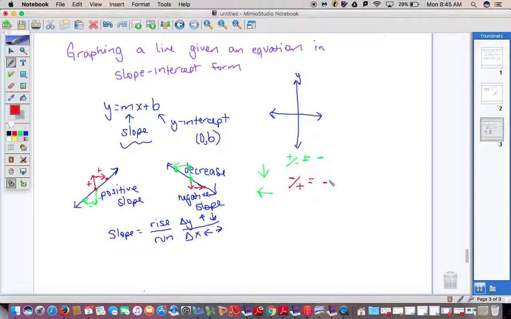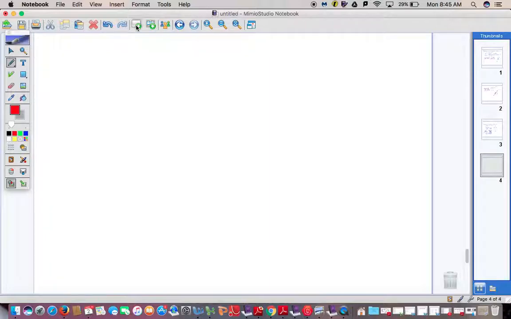So you start by plotting your y-intercept. Let's say we were given the equation y equals 2/3 x minus 4. Our y-intercept is at (0, -4), because we have this negative sign here, remember our equation form is y equals mx plus b.